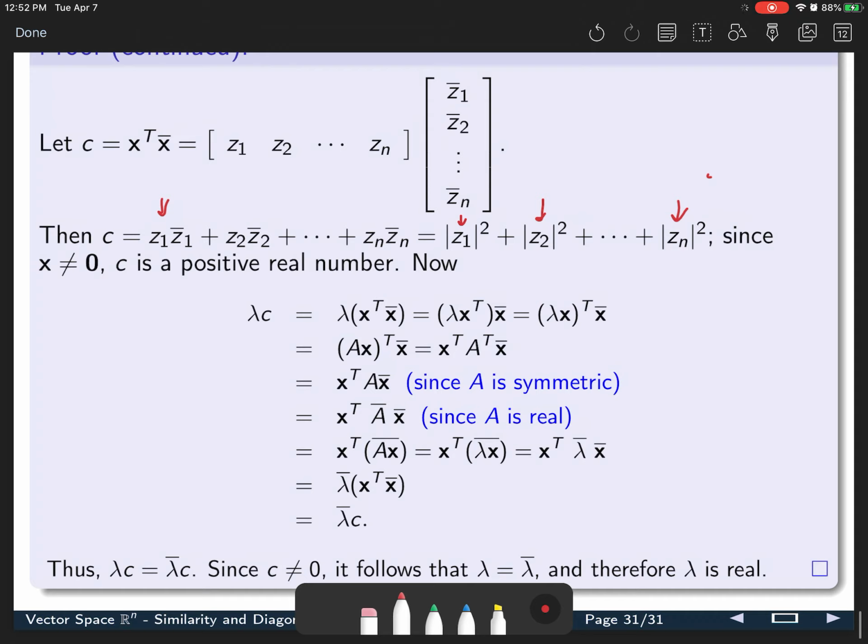Going through some fancy algebra here, we make use of the fact that A is symmetric and the matrix A is real, so it's the same thing as its conjugate.